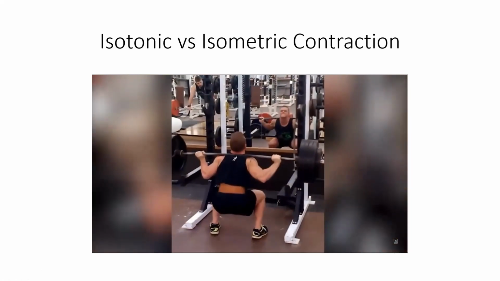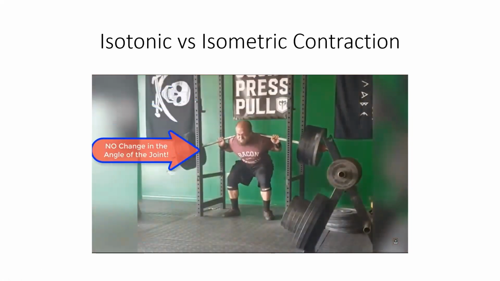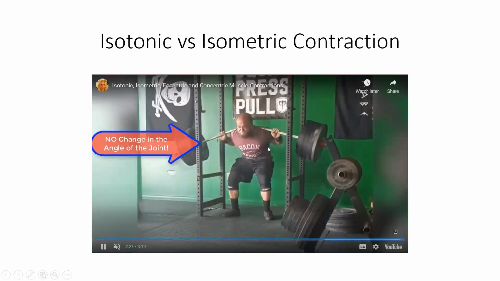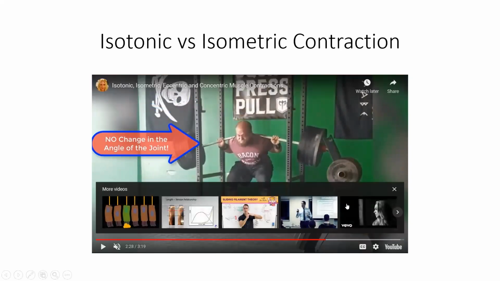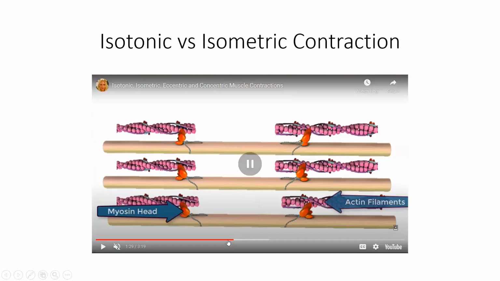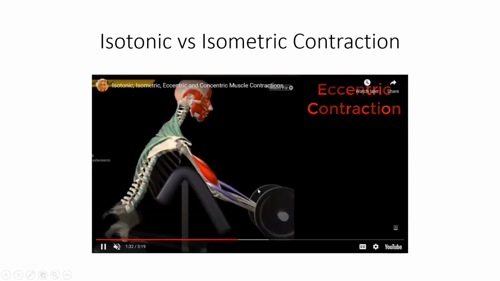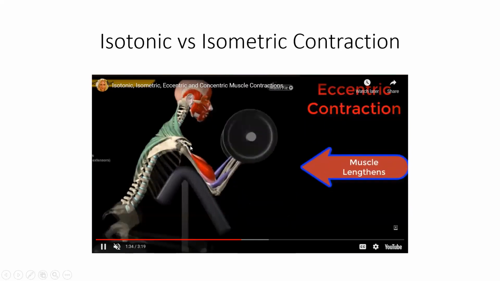This is the major difference between isotonic and isometric contraction. Once again, in isometric contraction the tension is produced, but the length of the muscle is not changed. But in isotonic contraction, we actually change the lengths of our muscles.